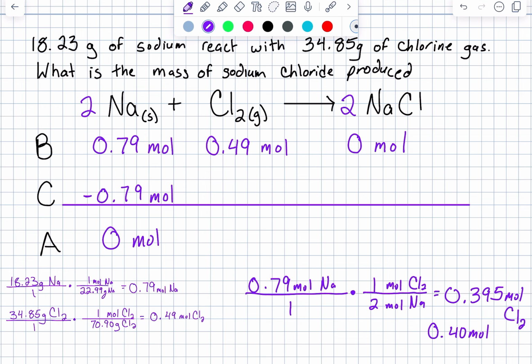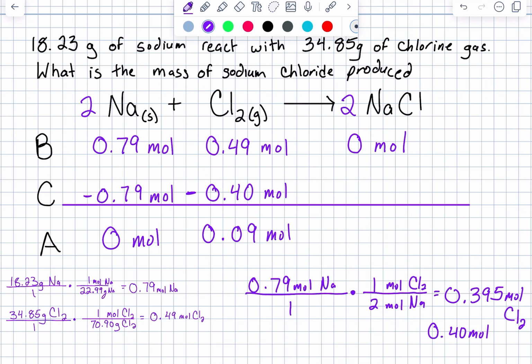My chlorine, when I used 0.79 moles of sodium, I used 0.40 moles of chlorine. So that means that I will have 0.09 moles of chlorine remaining. As far as my product, it will be a positive number because I'm producing it. I'm making it.